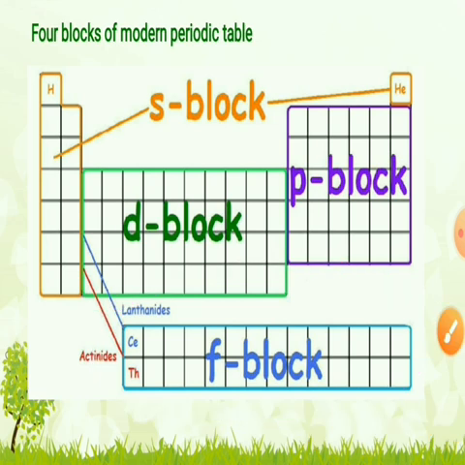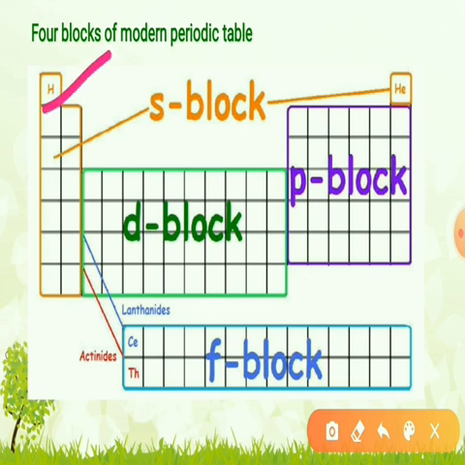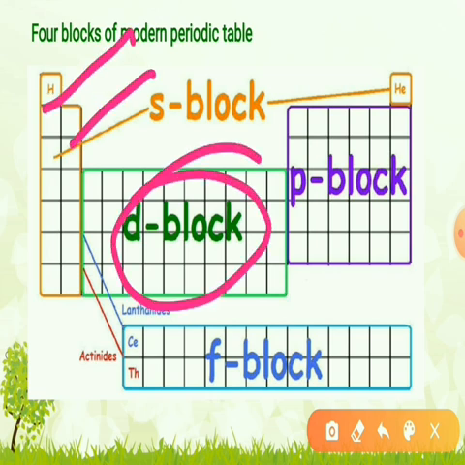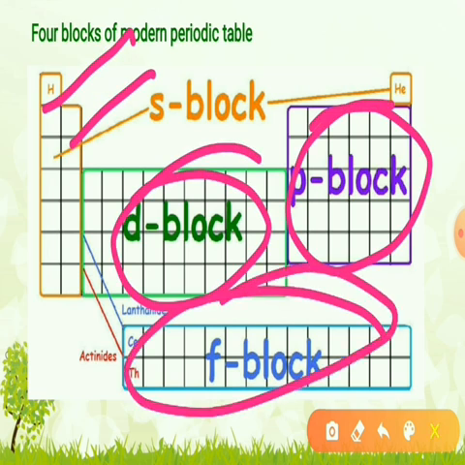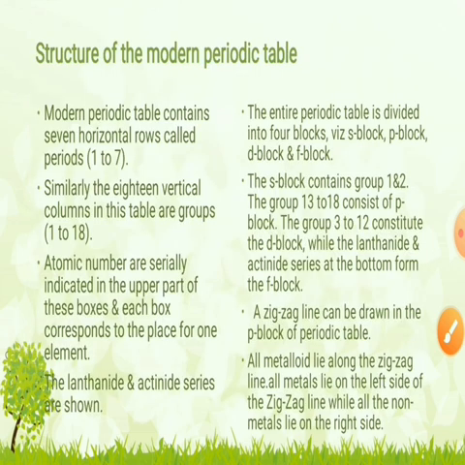periodic table is divided into 4 blocks, that is S block, P block, D block and F block elements. Here I have shown the S block, D block, P block and F block elements. S block contains groups 1 and 2. Groups 13 to 18 contain the P block.